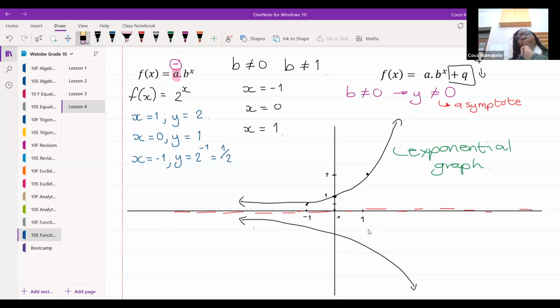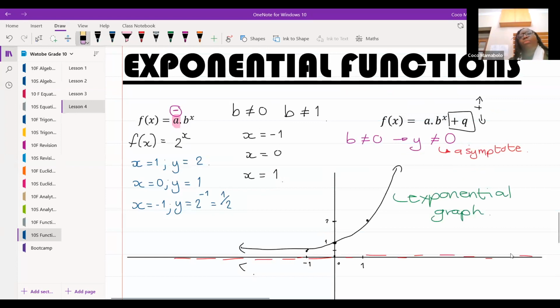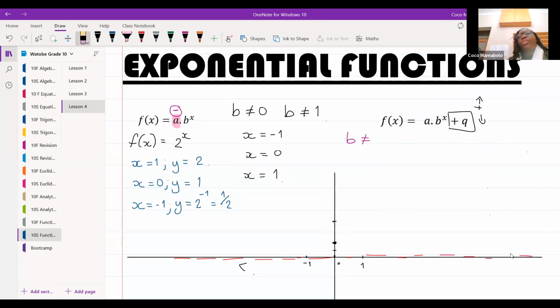Okay, I'm going to ask some pointed questions while we go. I'm going to give you guys a graph. All right. We're going to say here that f of x is equal to 1 times 2 to the power of x plus 3. I'm just picking random numbers.